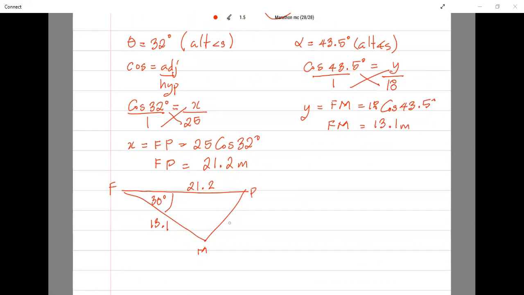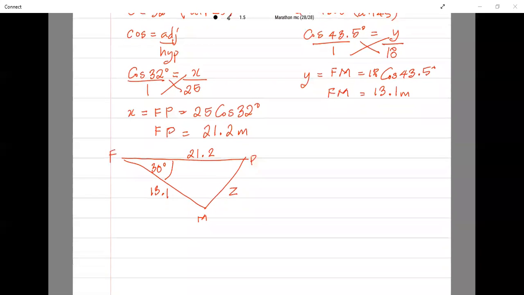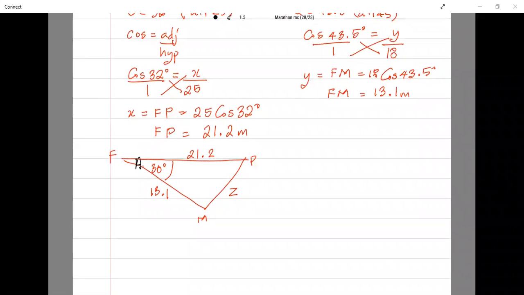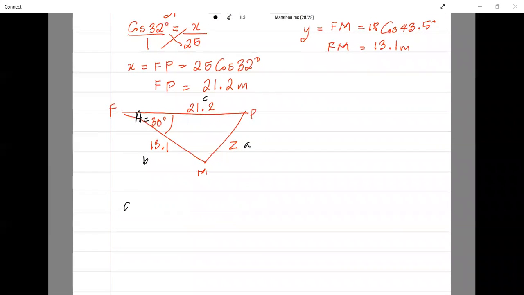We're asked to find here, I'm going to call it Z. Let's change the ink again. This is a condition, as I said, for applying the cosine rule. This is big A in the formula. This is little a. This is B, and this is C. The cosine rule formula says that a squared is equal to b squared plus c squared minus 2bc cosine big A.